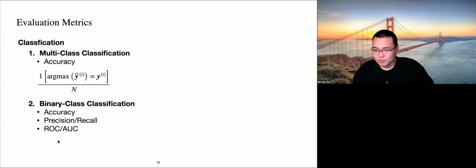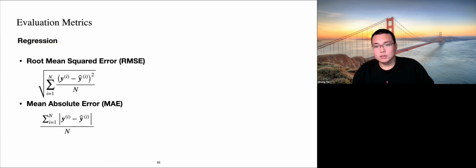If you are not familiar with that, I recommend just searching Wikipedia for confusion matrix. I think it's clearly stated there. And for regression evaluation metrics, you can use root mean squared error and mean absolute error.